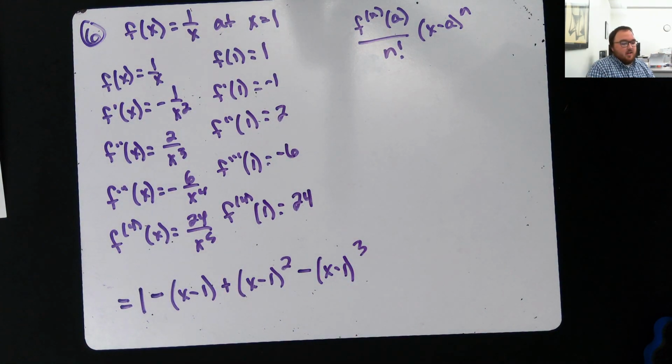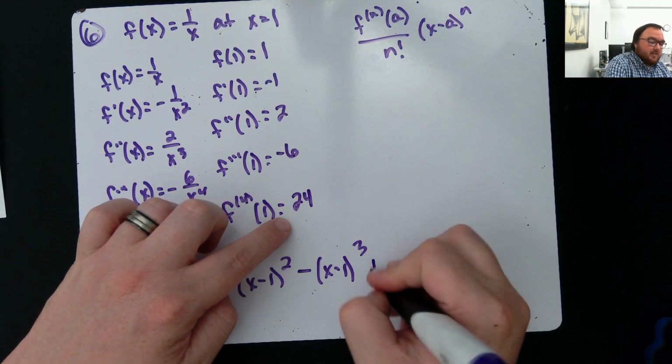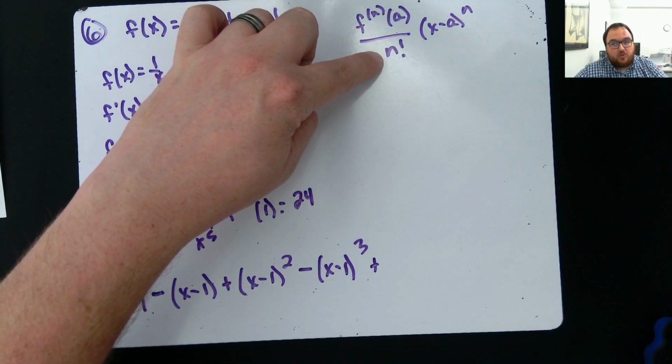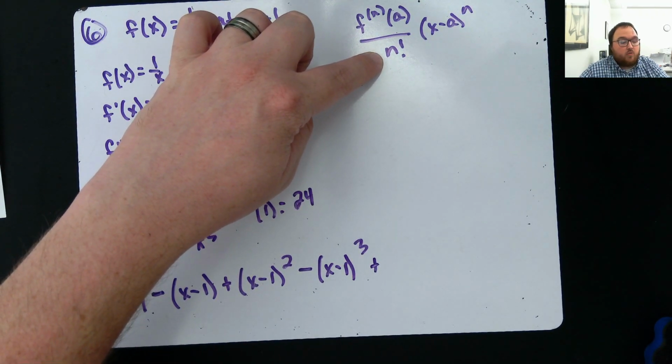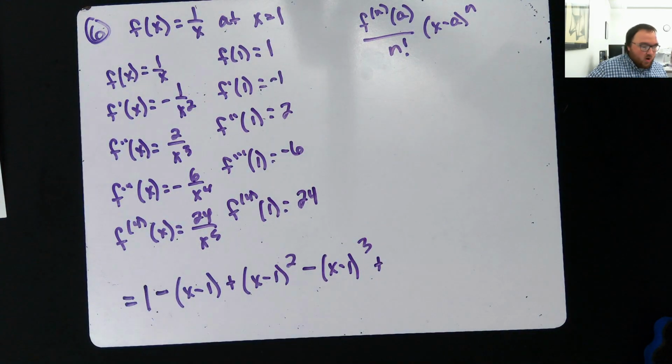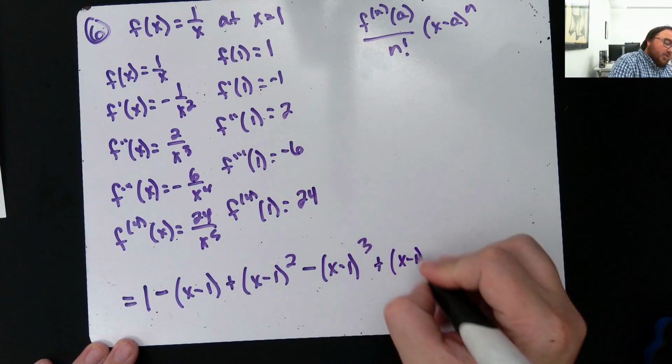Then for the next one, it would be plus 24 on top. Down here, it would be 4 times 3 times 2 times 1. 4 times 3 is 12. 12 times 2 is 24. 24 over 24 is 1. So x minus 1 to the fourth.